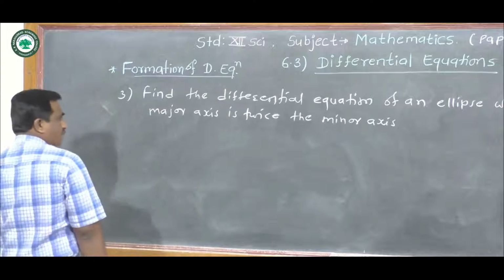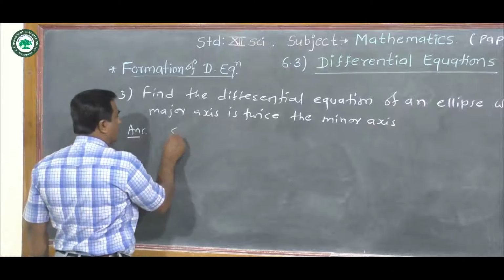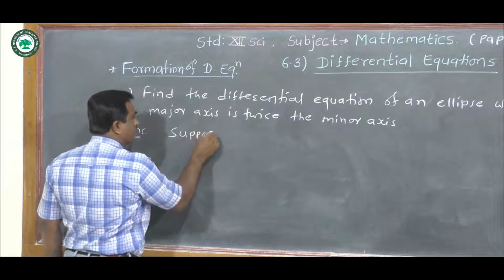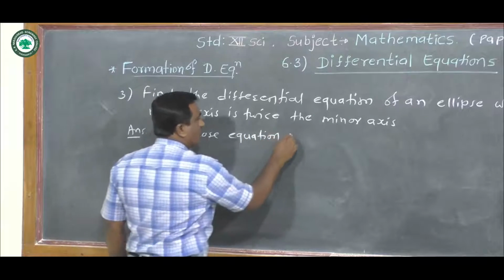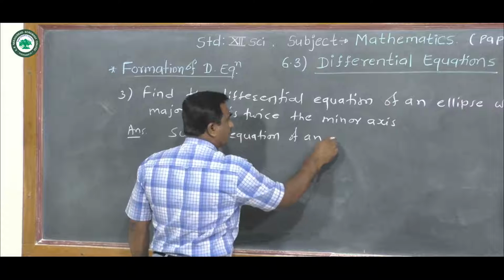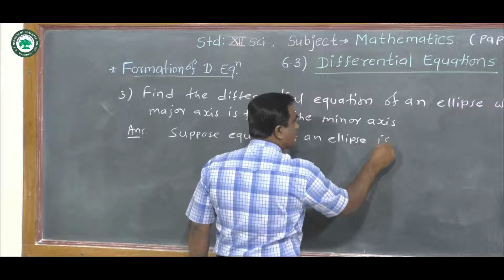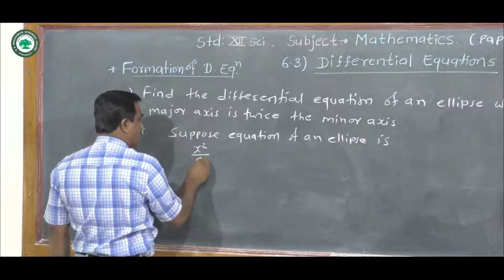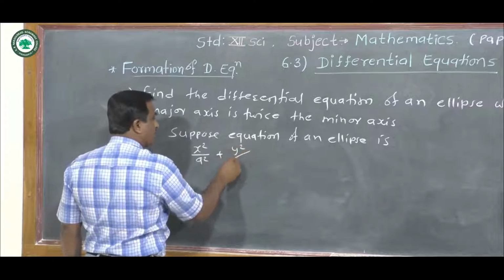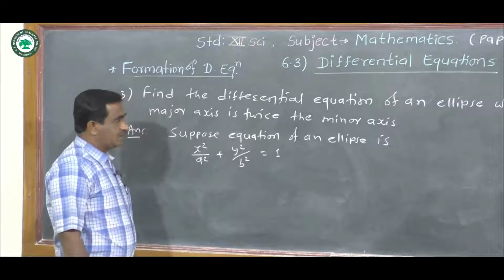Suppose equation of an ellipse is x square upon a square plus y square upon b square is equal to 1.